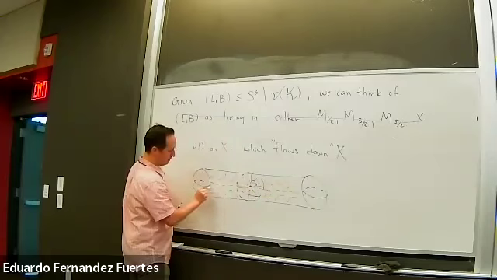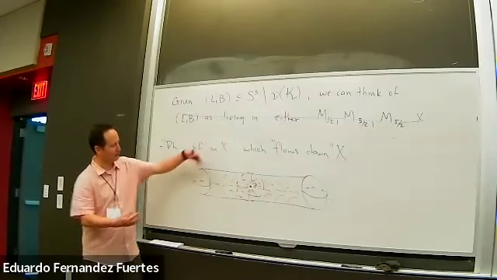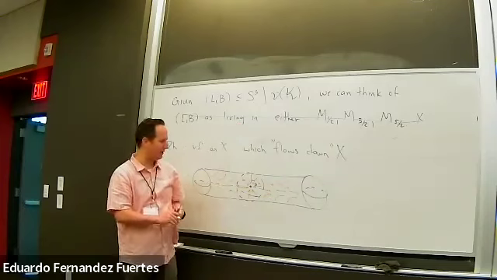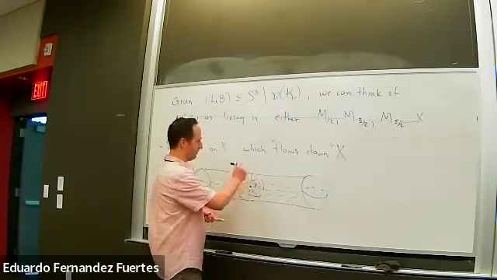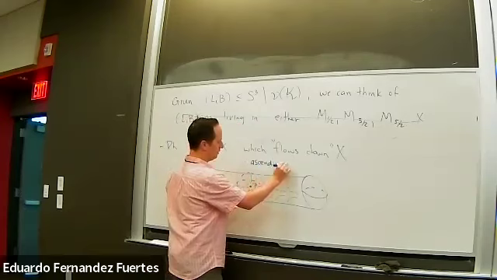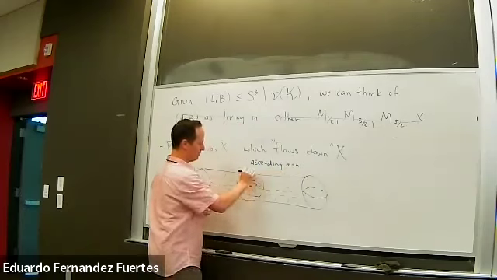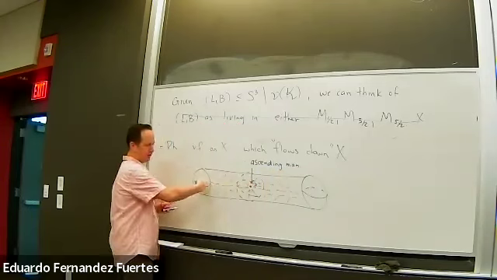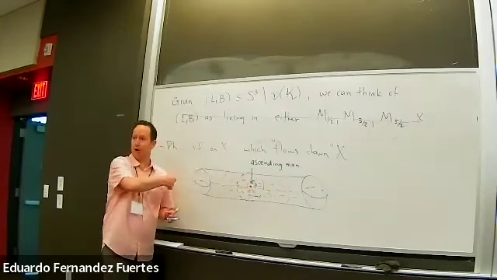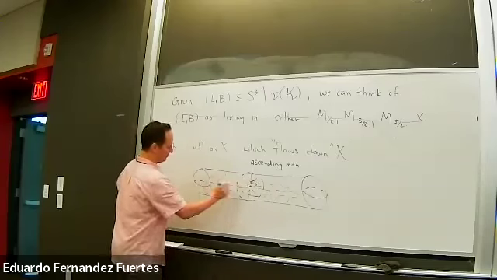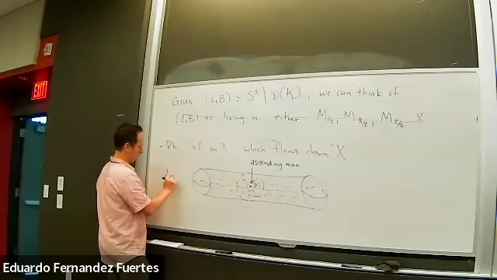So if we look at all points that would eventually flow to the critical point, that's called the ascending manifold of the critical point. And the points that, if you were to reverse time, would eventually be flowing towards the critical point, that's called the descending manifold.